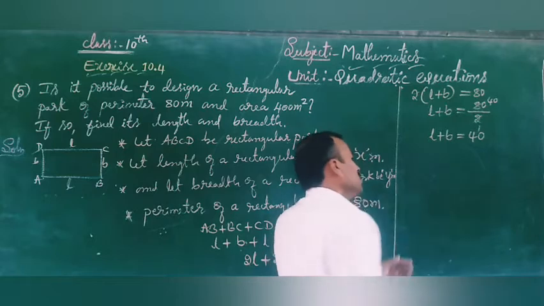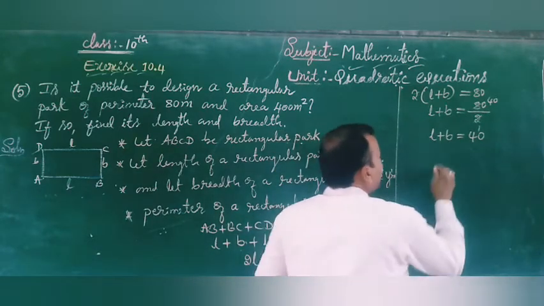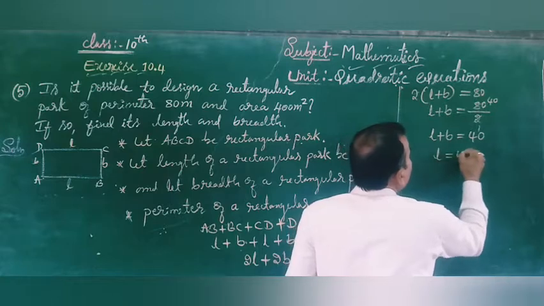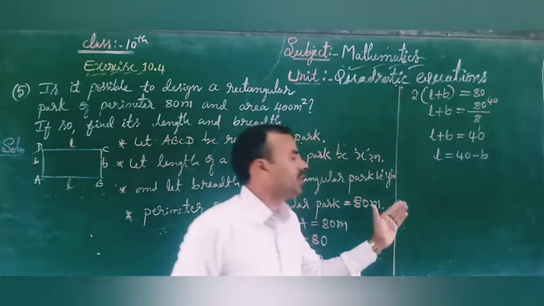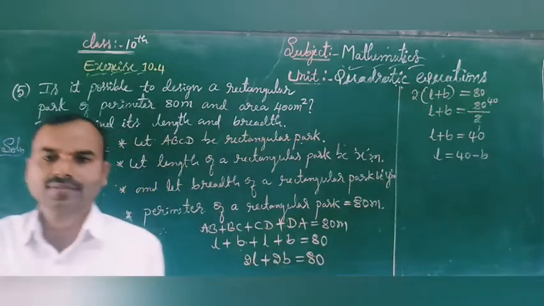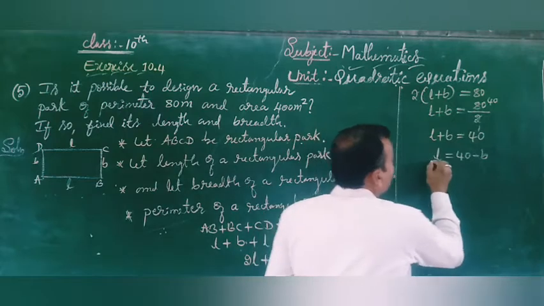Here we transpose either L or B. Now I write L is equal to 40 minus B. Okay, we transpose any one. Now it is L.